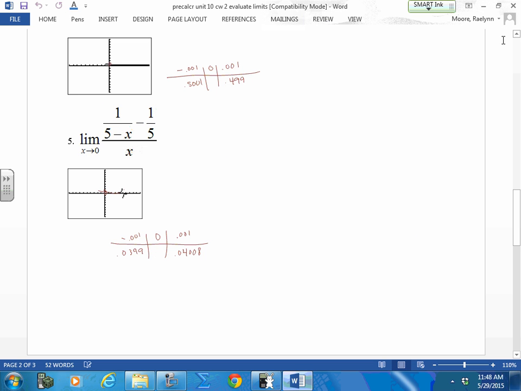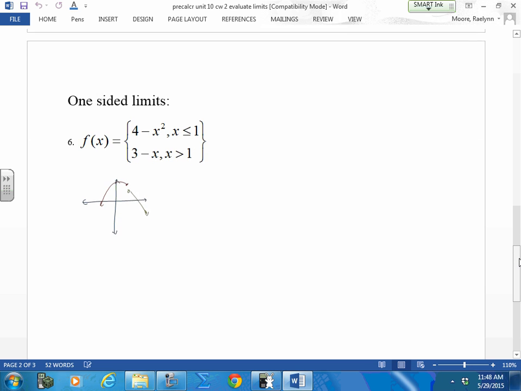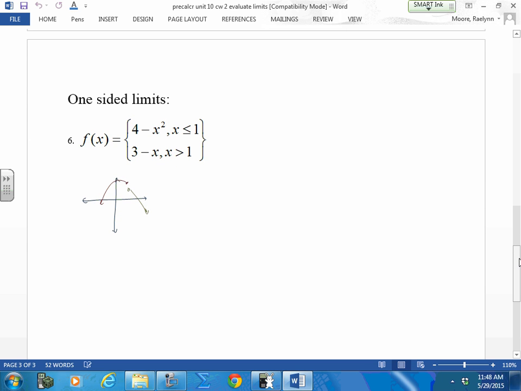Okay. Now, sometimes we can do this from a graph, or you can do this algebraically as well. This is missing. It should say, find me the limit as x approaches 1. Because it's the 1, this is your piecewise function. And if you remember back to piecewise, we did this.